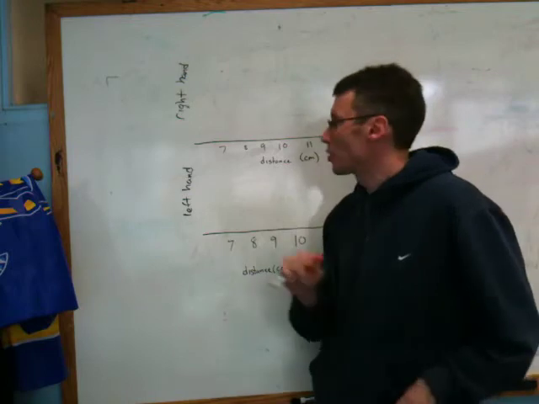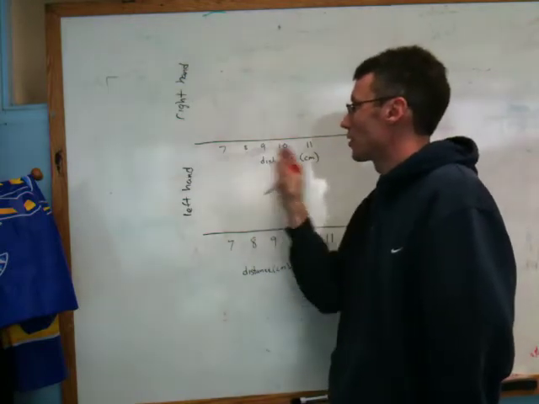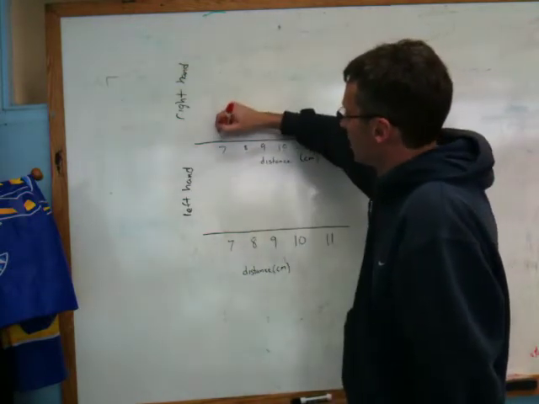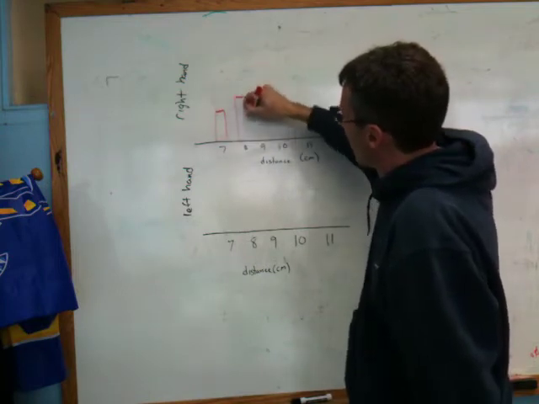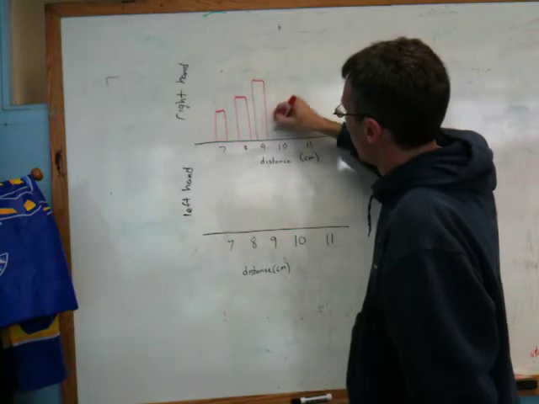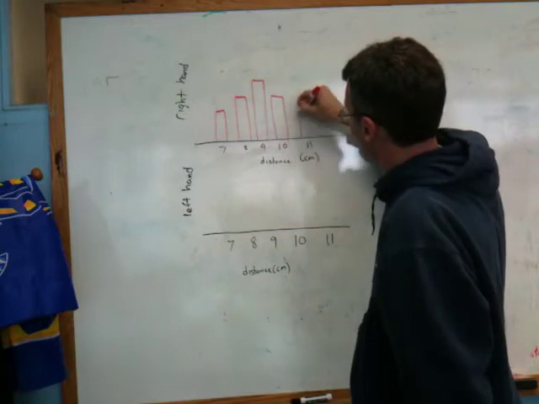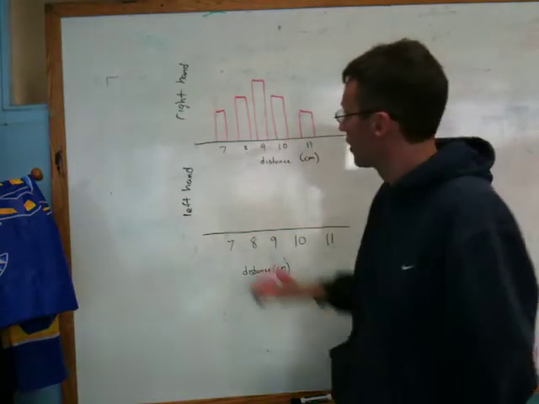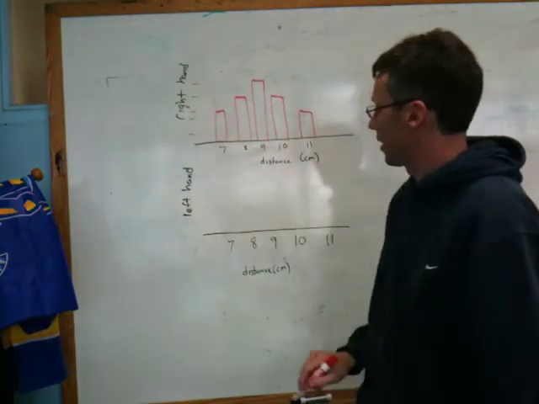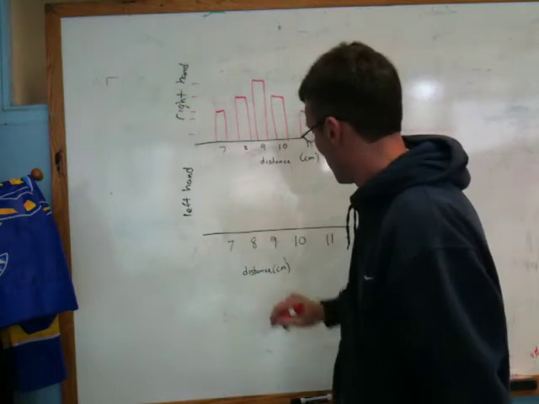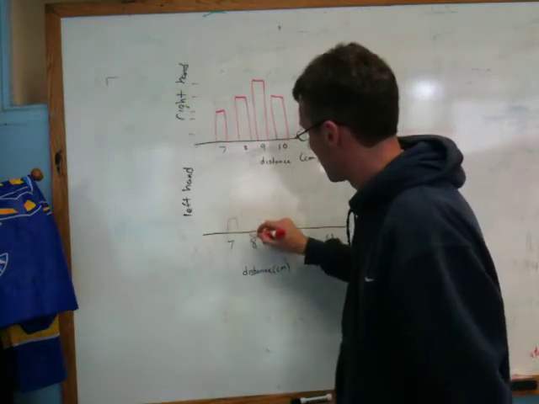So I'll round all my measurements off to the nearest centimeter, and then plot values for the number of times that I recorded the different results. I'll have an appropriate scale on the axis, and I'll do the same thing for the other hand.